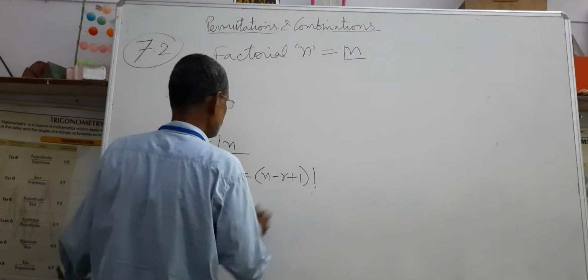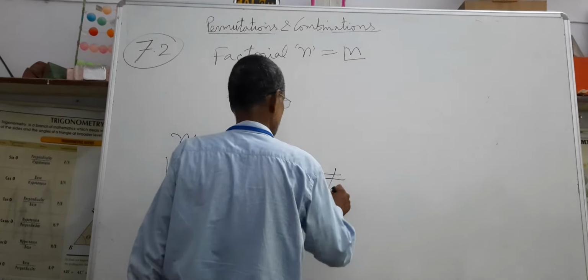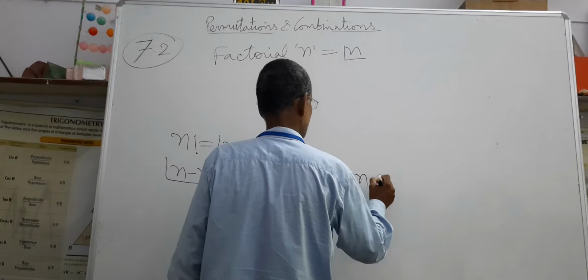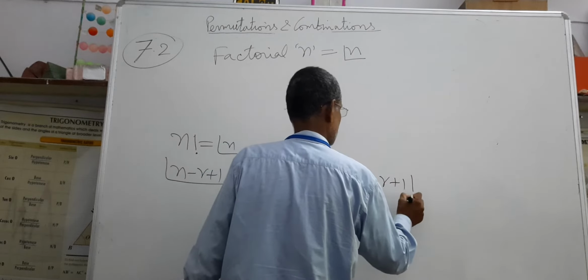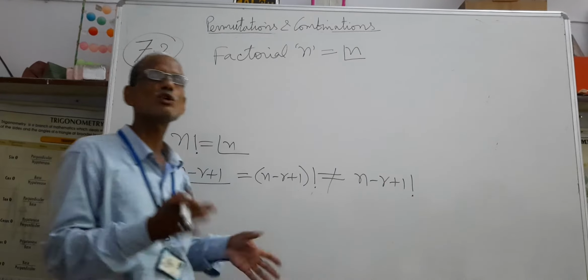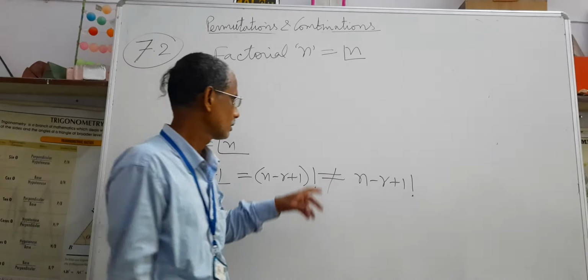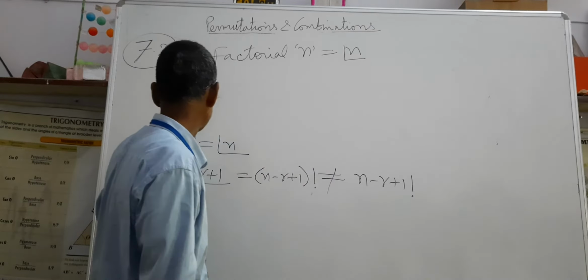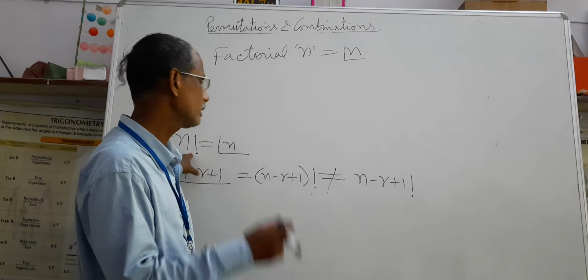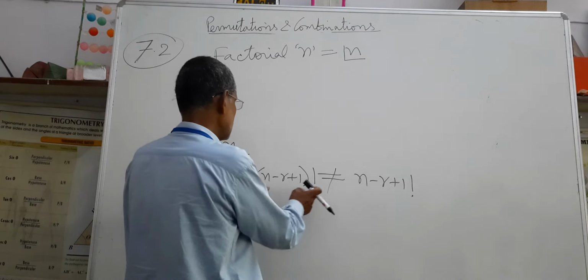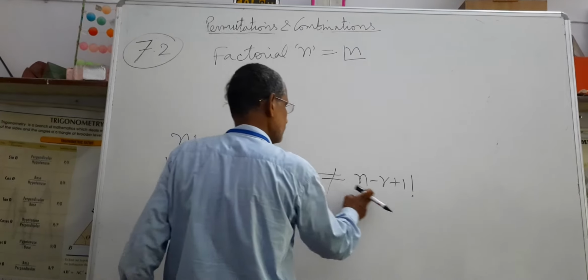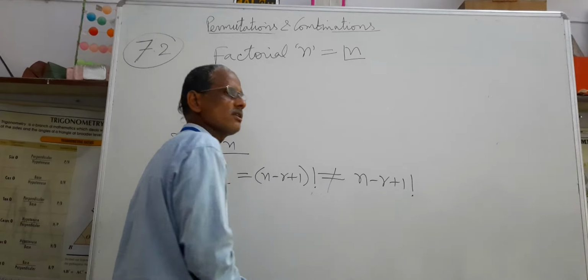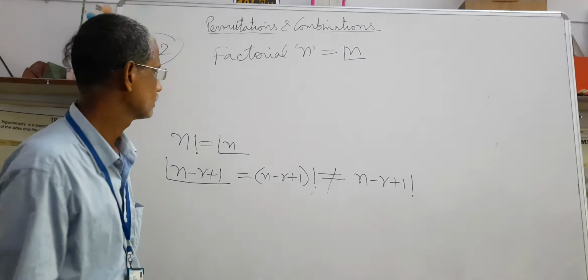Unfortunately, if you write like this, n minus r plus 1, you will receive 0 marks. So don't use this symbol, because there is a probability that instead of writing this, you simply write this and you will receive 0 marks.